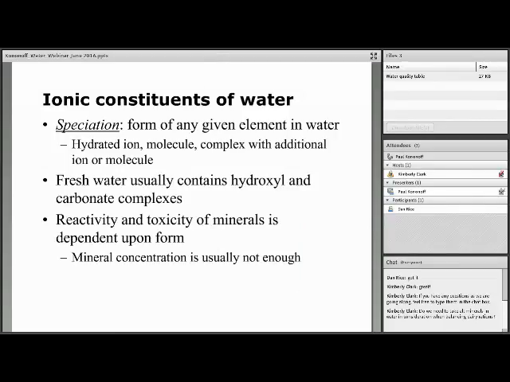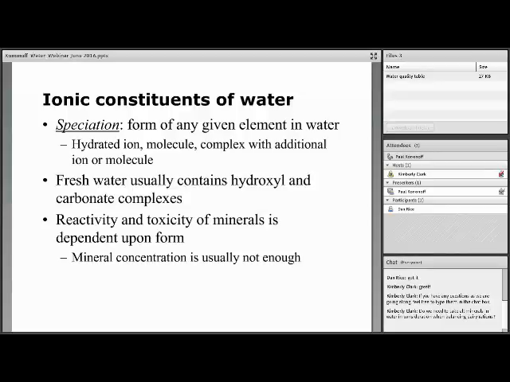So in terms of those constituents, I want to spend some time talking about a term called speciation. That's essentially a term used to describe the form of any given element in water, whether it's a hydrated ion, a molecule, or a complex ion. Fresh water usually contains hydroxyl or carbonate complexes.